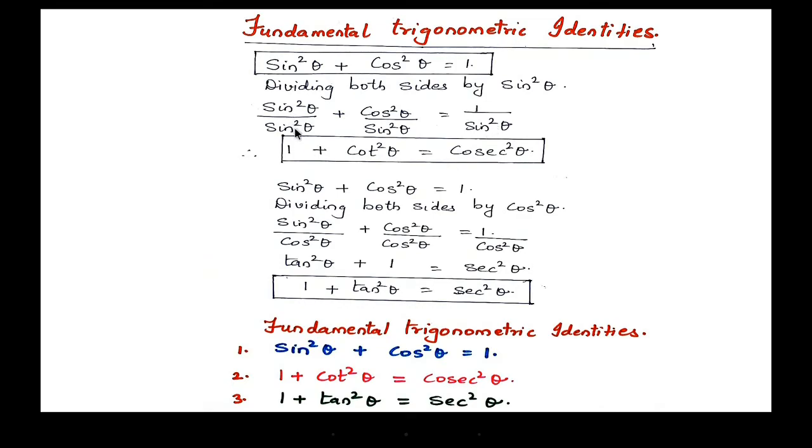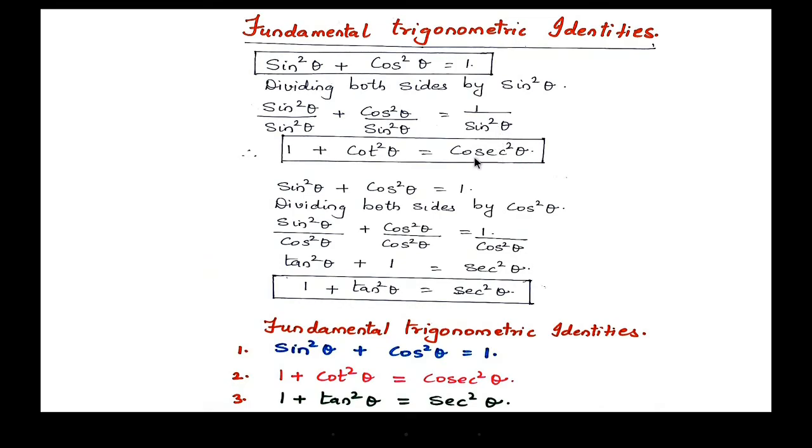Sin square theta upon sin square theta is 1. We know that cos theta upon sin theta is cot theta. So cos square theta upon sin square theta will be cot square theta. That is equal to 1 upon sin theta is cosec theta. So 1 upon sin square theta will be cosec square theta.